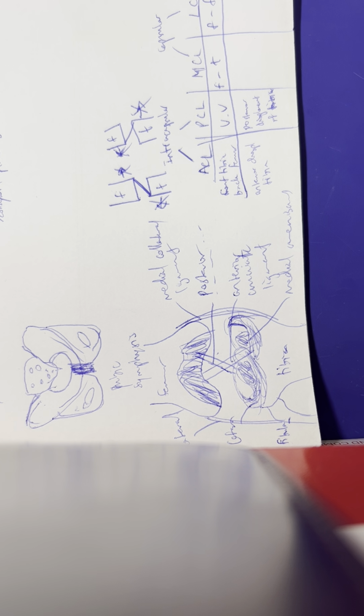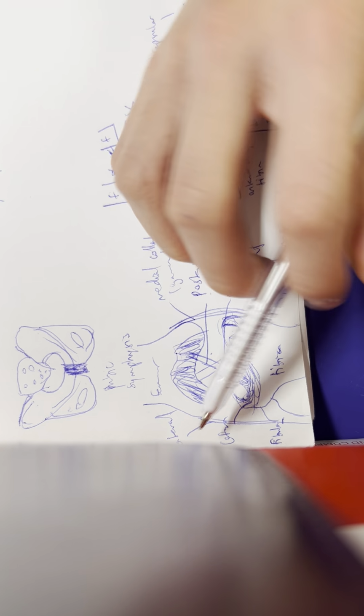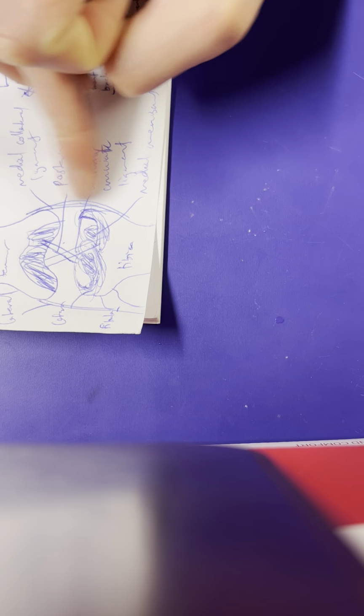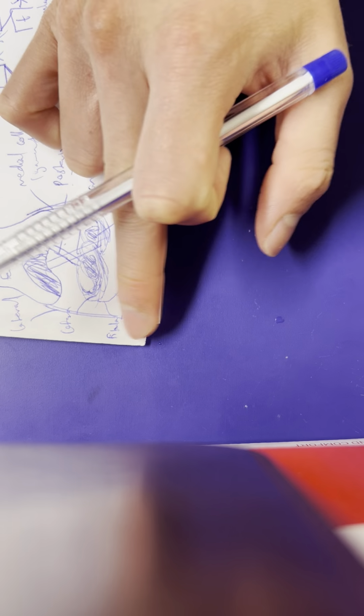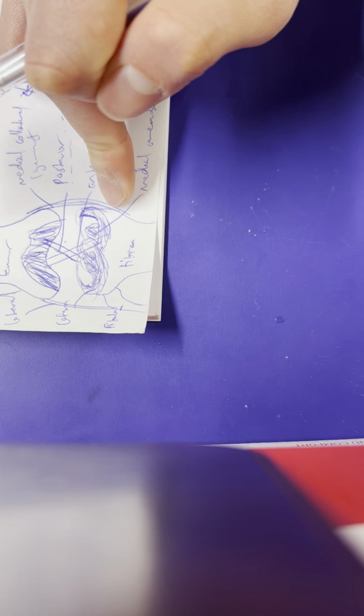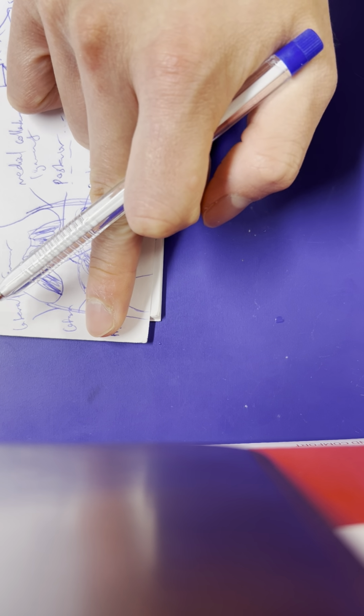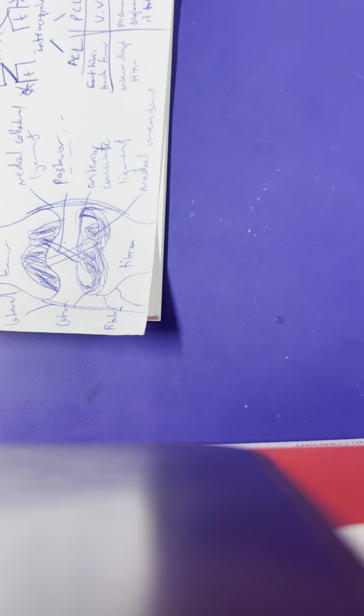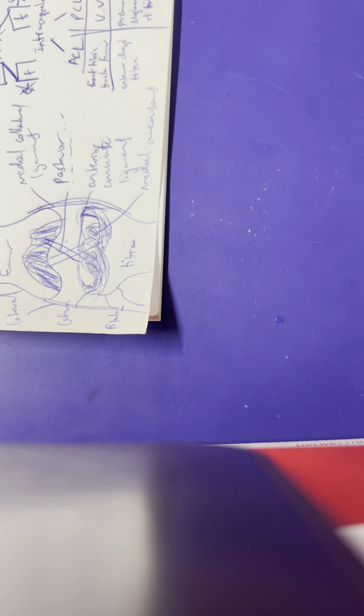Medial collateral ligament prevents, so imagine this is your knee, this is your midline, this is the outer. If you're stretching this way, that's abduction, so MCL prevents abduction. The other guy, LCL, prevents adduction. That's how it is.